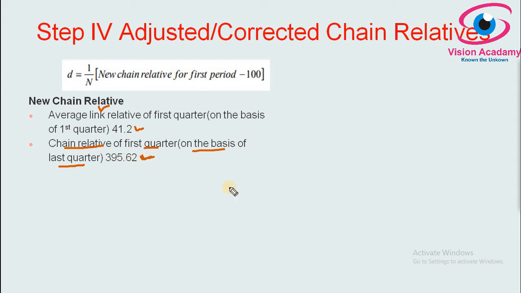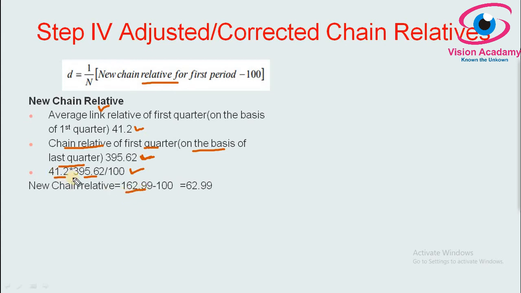Why am I obtaining all this information? Because we need to apply a formula. To obtain the new chain relative we have a formula: average link relative of the first quarter into chain relative of the last quarter divided by 100.